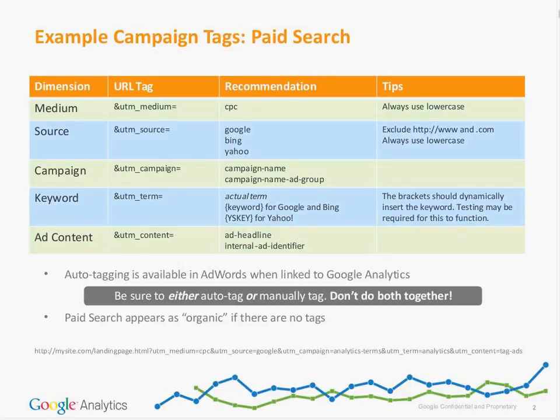However, since most search engine CPC tools also use ad groups, you may want to insert the campaign name and ad group. For the ad content, you may want to use your actual ad headline or some sort of version identification. But again, you'll need to make sure that you set all of these tags for all paid search engines. At this point, it's worth noting that you can also use the auto tagging feature in AdWords.